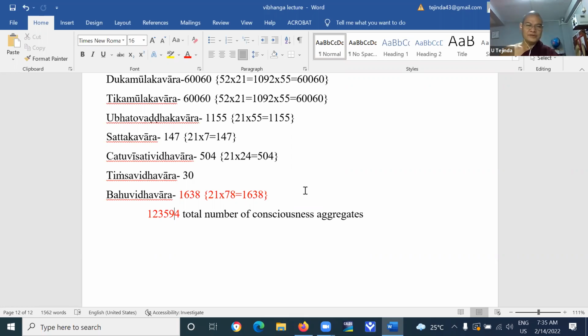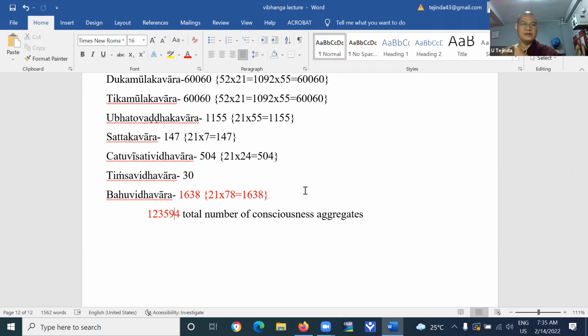The translation book also gave the same number as Sanya Khanda, and the total number also the same as Sanya Khanda. I don't know why he gave so. So that depends on you. Which number do you like?